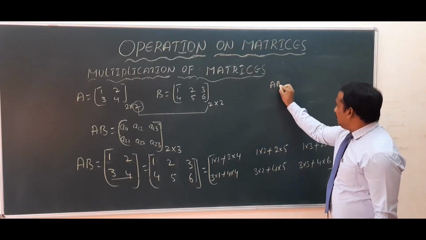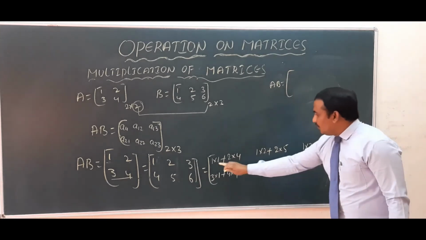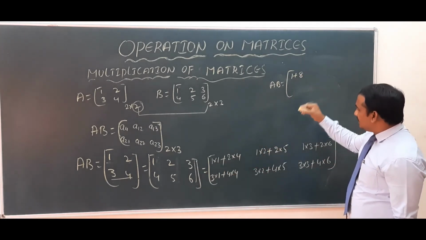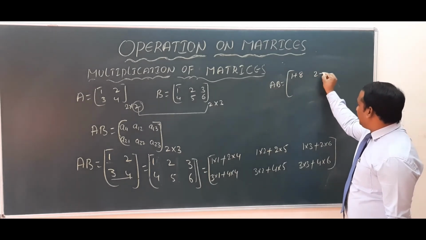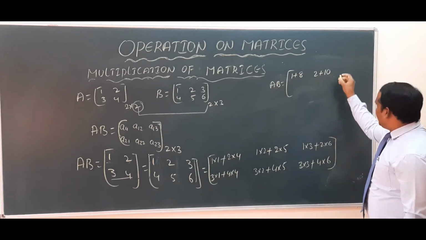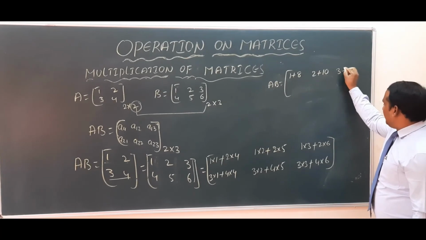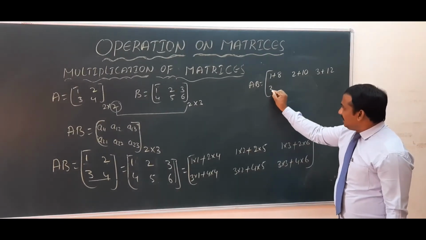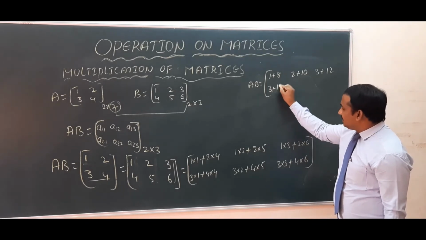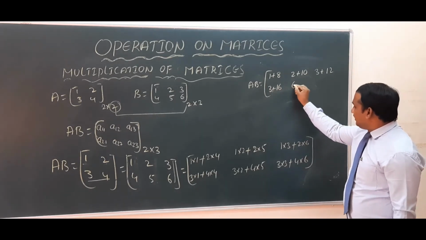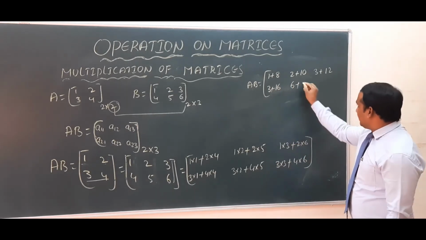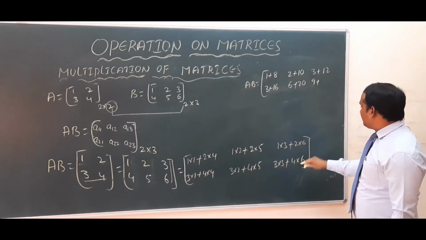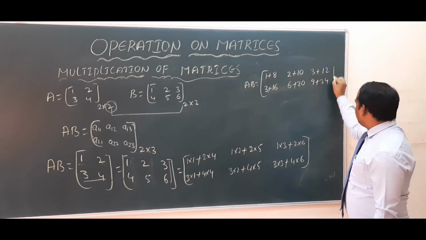AB equal to here 1 into 1 plus 2 into 4 is 8, next 1 into 2 is 2 plus 2 into 5 is 10, next 1 into 3 is 3 plus 2 into 6 is 12. Next 3 into 1 is 3 plus 4 into 4 is 16, 3 into 2 is 6 plus 4 into 5 is 20, next 3 into 3 is 9 plus 4 into 6 is 24.